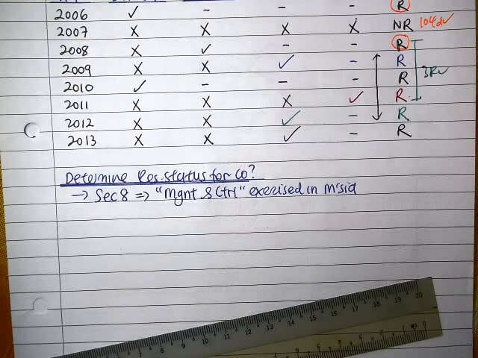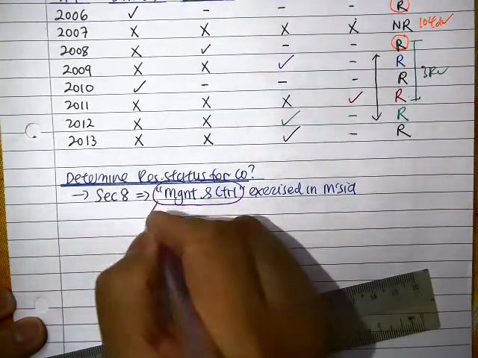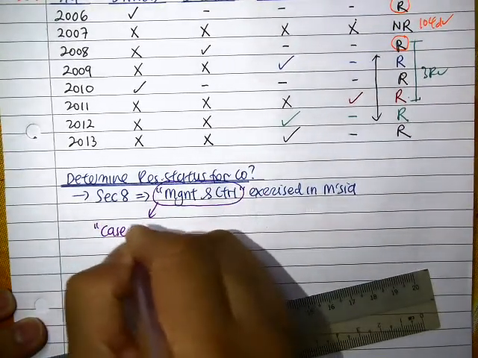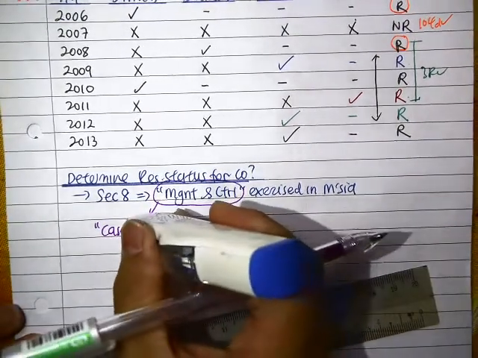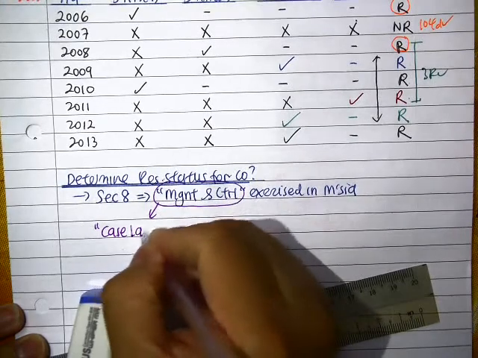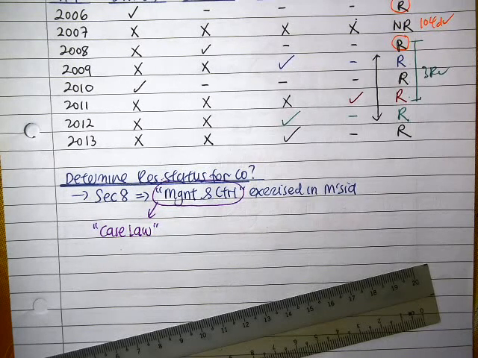Now what is management and control? See, this term is not defined in the Act. That's why, if it's not defined in the Act, we look at the case law. When we look at case law, we ask ourselves: in a company, when and how will a company be managed and controlled? Who will have the power?